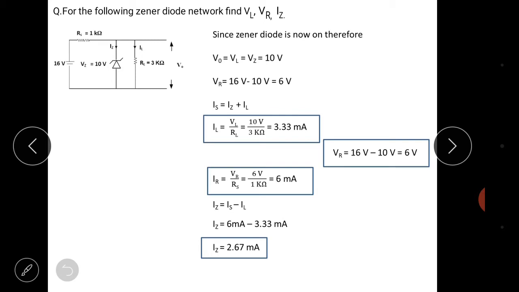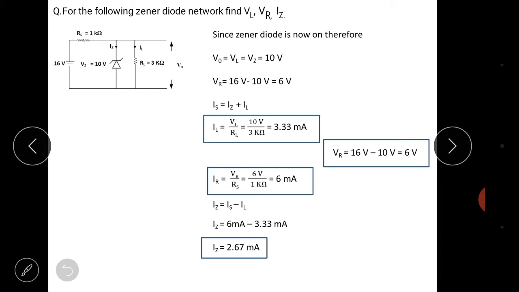Now because the voltage across the load resistance is locked by the Zener diode at 10 volt, it means VL equals 10 volt. We know the resistance RL, so we can find the current IL flowing through RL, that is IL is equal to VL upon RL, that is 10 volt upon 3 kilo ohm, which is equal to 3.33 milliampere.